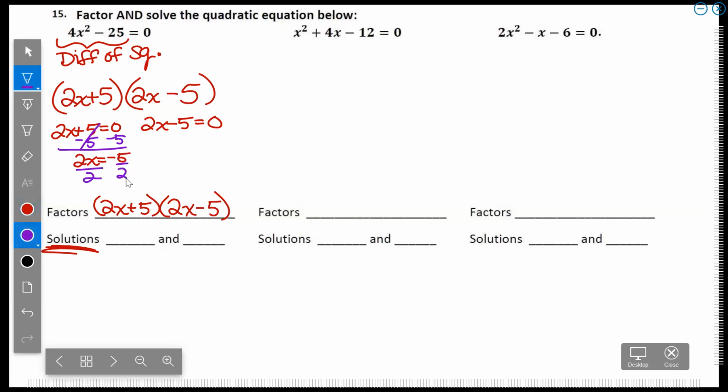Divide both sides by 2. So x is negative 5 divided by 2. The other one, because it's exactly the same but with the opposite sign, oh, not 2/5, 5/2, is going to be positive, because you would start off by adding 5 to both sides.